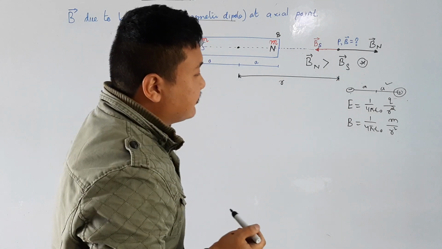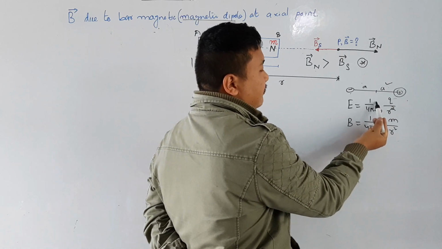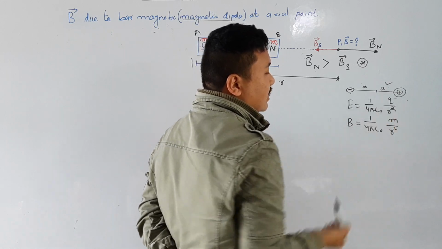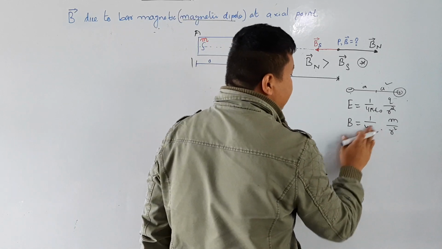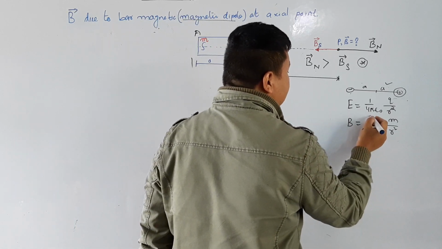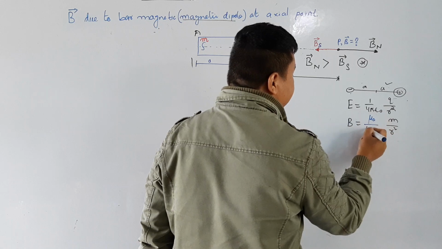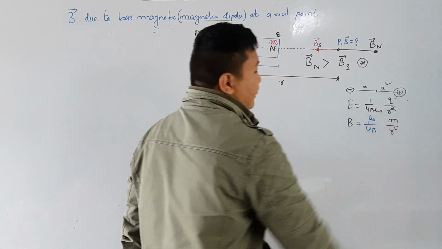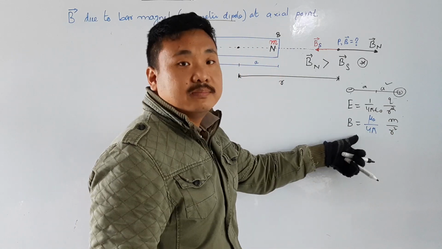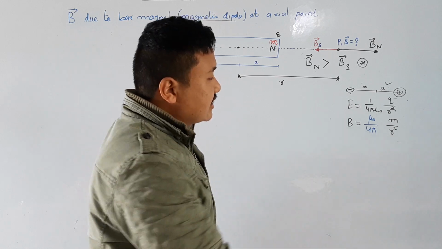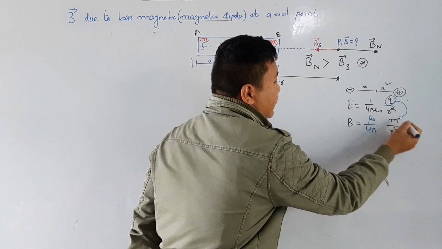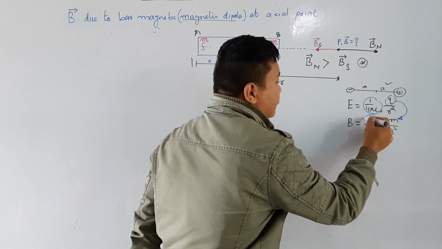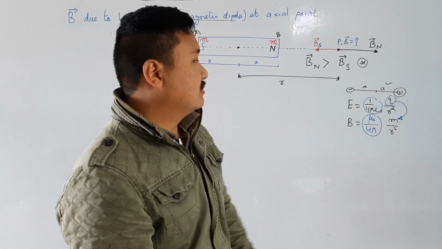Okay, so the electric field is 1 by 4 pi epsilon naught, q by r square. Now the magnetic field is mu naught by 4 pi, m by r square. Okay, this is from the Biot-Savart law. So this q is replaced by this m, and this 1 by 4 pi epsilon naught is replaced by mu naught by 4 pi.